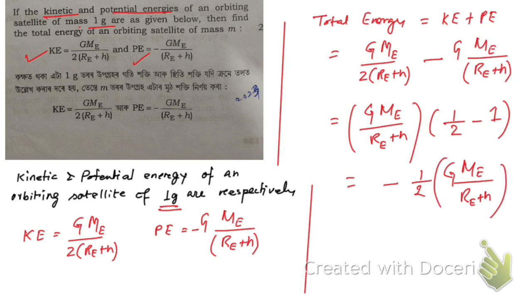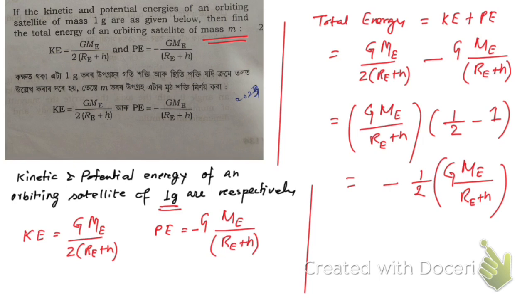Now we need to find the total energy of an orbiting satellite of mass m. So the total energy of the satellite of mass m should be multiplied by m, then you will get the total energy.